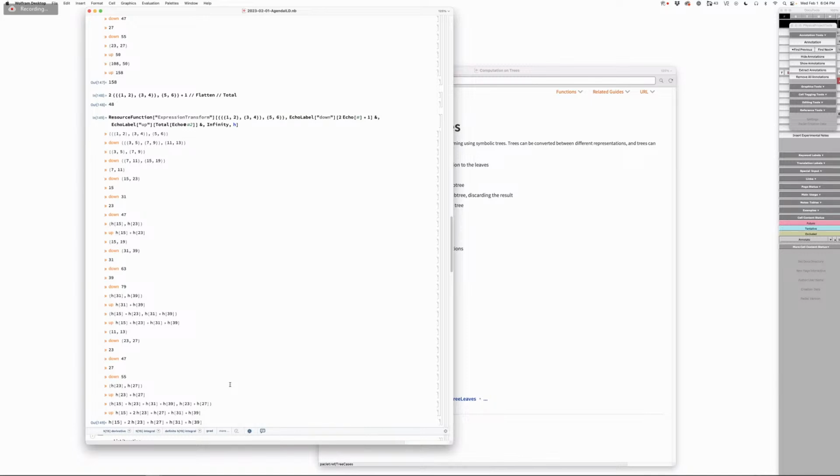Well, so you apply a down and you get some expression, and then you replace every sub-expression at level 1 of that result with the result of recursively doing expression transform to it. That result expression is #2.